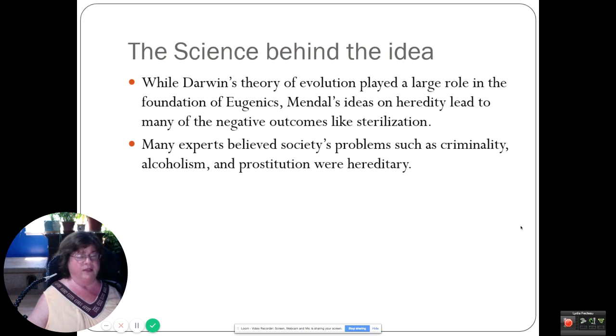They also included in that hereditary intelligence, and I'm not just talking about people that might be intellectually disabled, but intelligence as in not so bright, C student, D student. They also looked at poverty. People that seemed born into poverty seemed to stay there generation after generation. Therefore, it must be heredity.